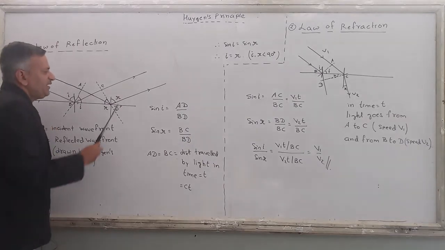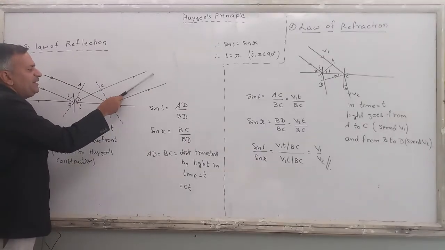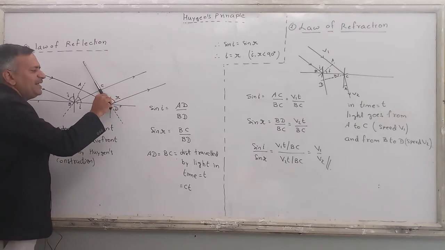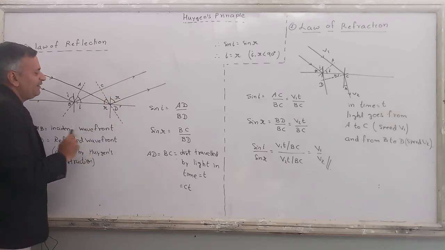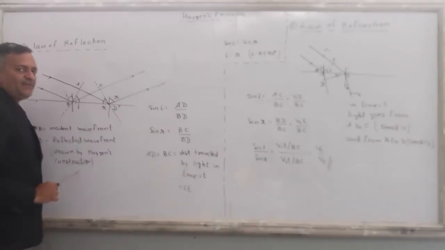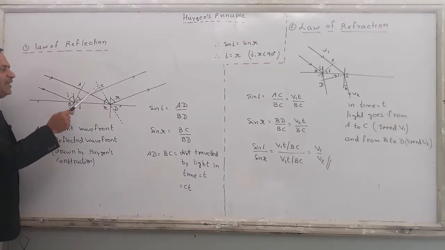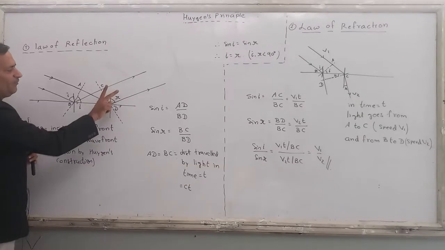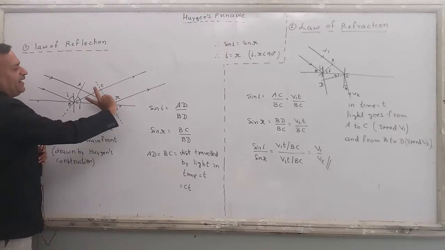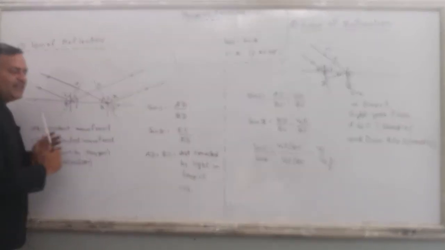Similarly, if I turn reflected ray by 90 degrees, what do I get? I get the wave front. And if I turn the normal by 90 degrees, what do I get? I get the reflecting surface. That means the angle between reflected wave front CD and the surface is also R. If this is R, this is also R, क्योंकि हमने इन दोनों लाइन्स को भी 90 डिग्री ही घुमाया, 90 डिग्री दोनों को घुमाया है.